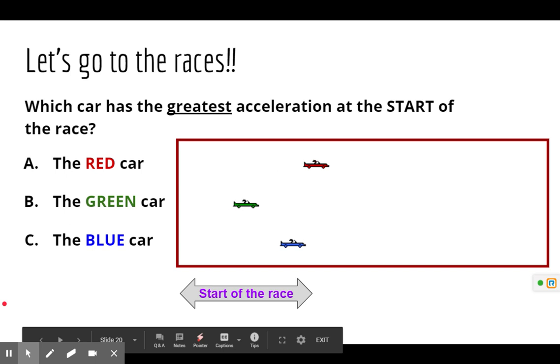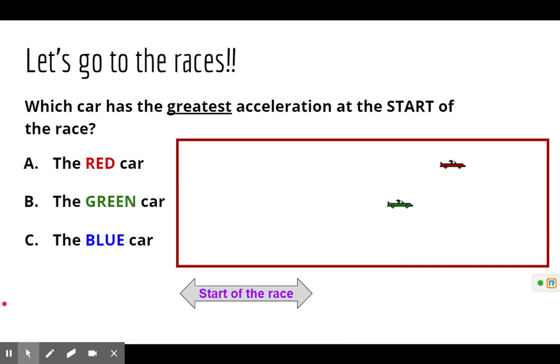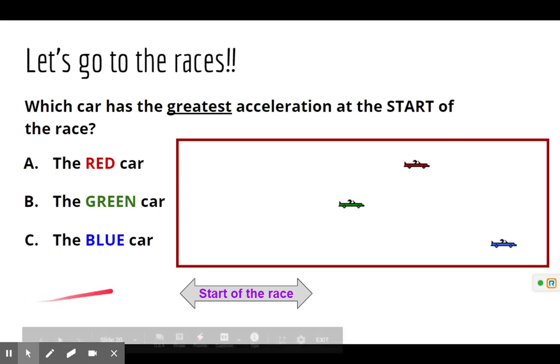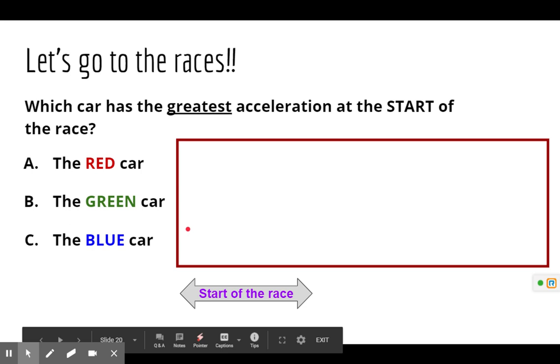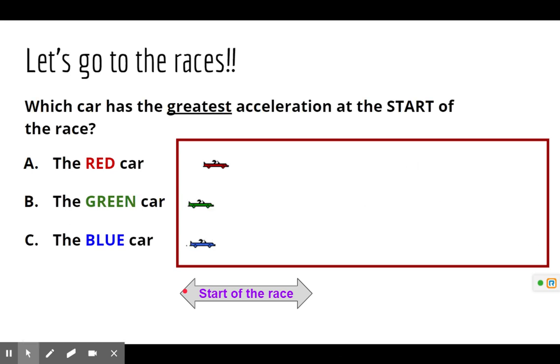Let's go to the races. Which car has the greatest acceleration at the start of the race? The start of the race is the first third. The beginning part of the race. The red car, the green car, the blue car.